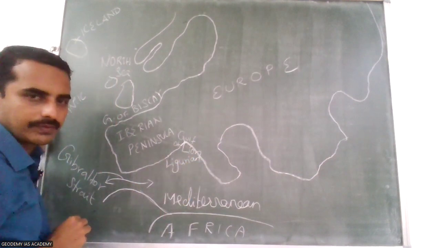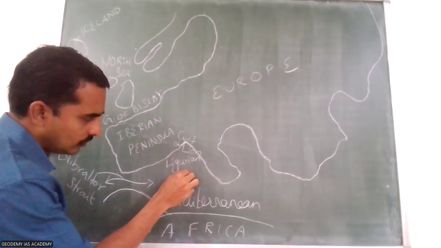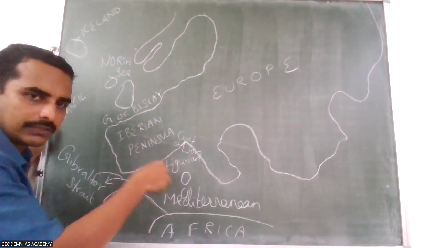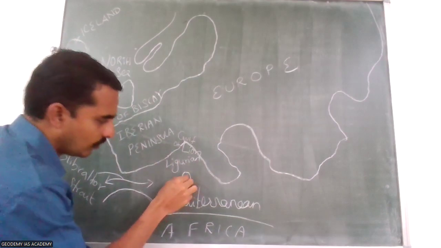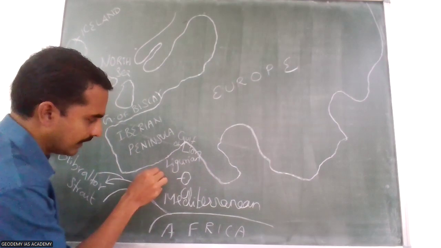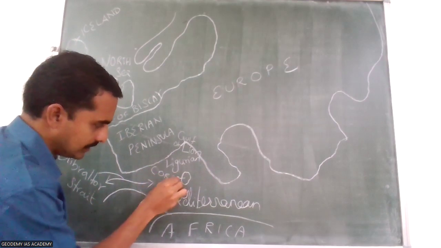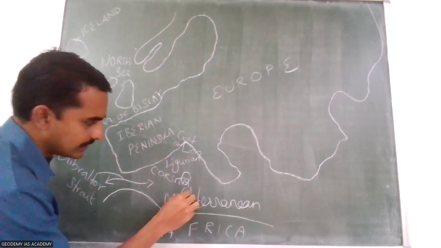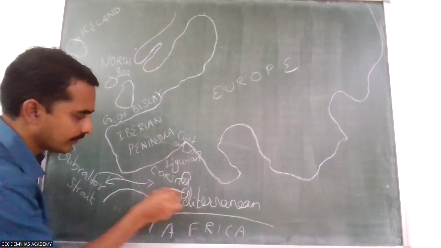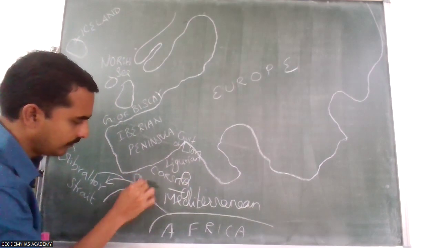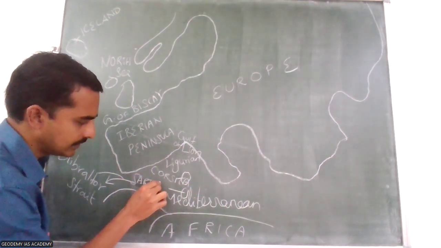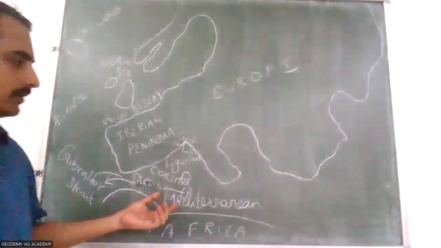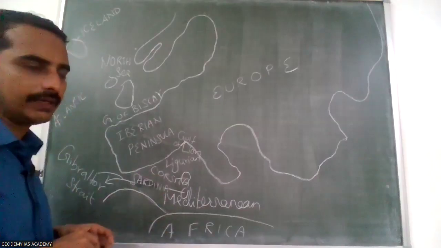Two islands are located in this part, in the south of Spain and the west of Italy: Corsica and Sardinia Islands.